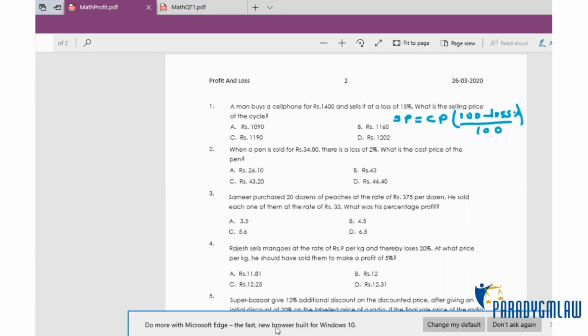So put it here: 1400, 100 minus 15 by 100. What is the answer? Correct. So it is a direct formula question, right?